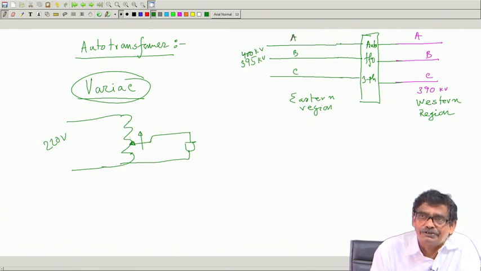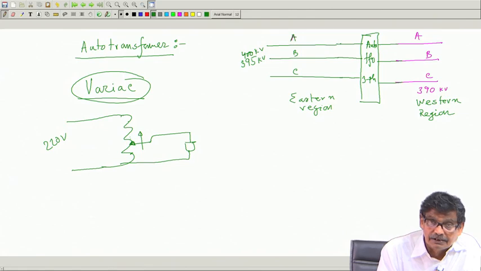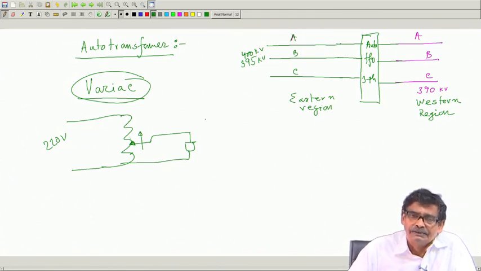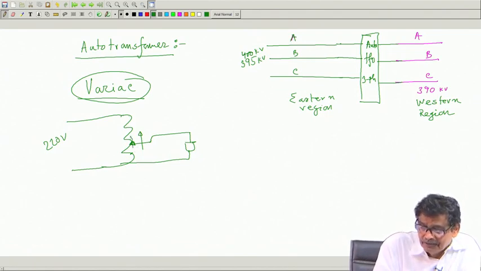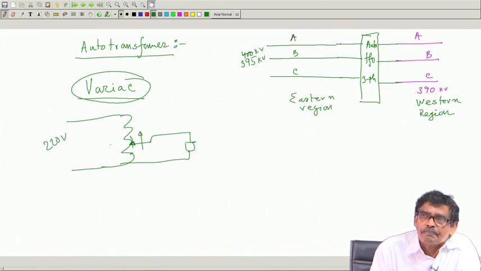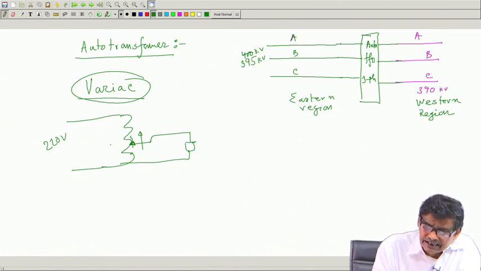So, this must be understood. A variac is strictly not an auto transformer in the sense that we design the auto transformer to get some economic advantage. Here there is nothing like that. You should be prepared: the gauge of the wire here throughout is fixed. You must understand this distinction in a variac, a laboratory equipment.